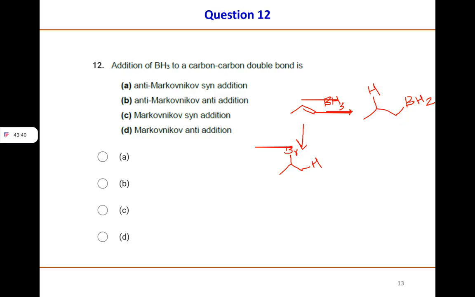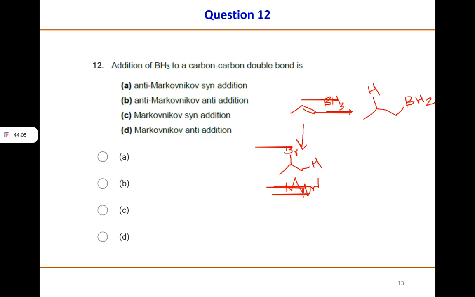So this is following the Markovnikov rule. But why does this happen? Suppose we have bromide here. Bromide is more electronegative than the carbon atom, so because of that it gets added on this secondary carbon atom.